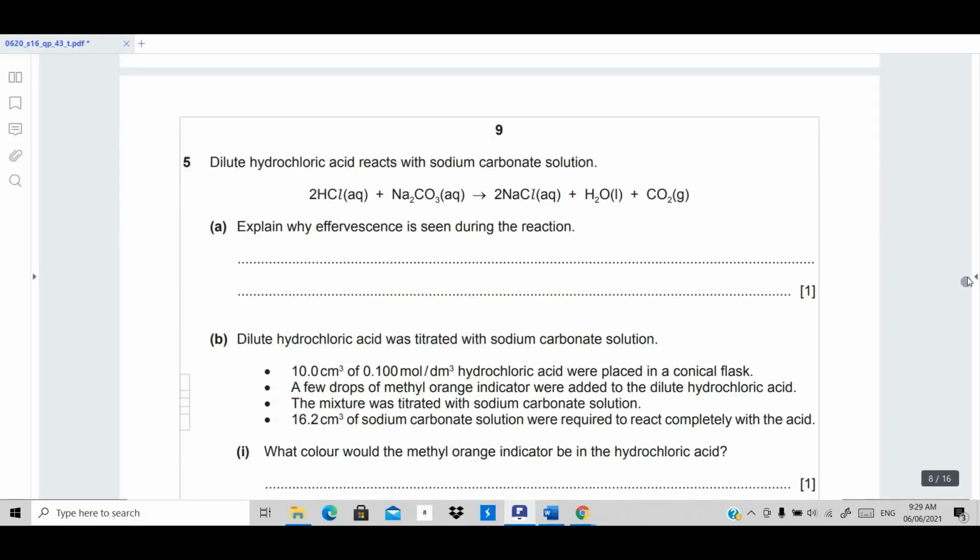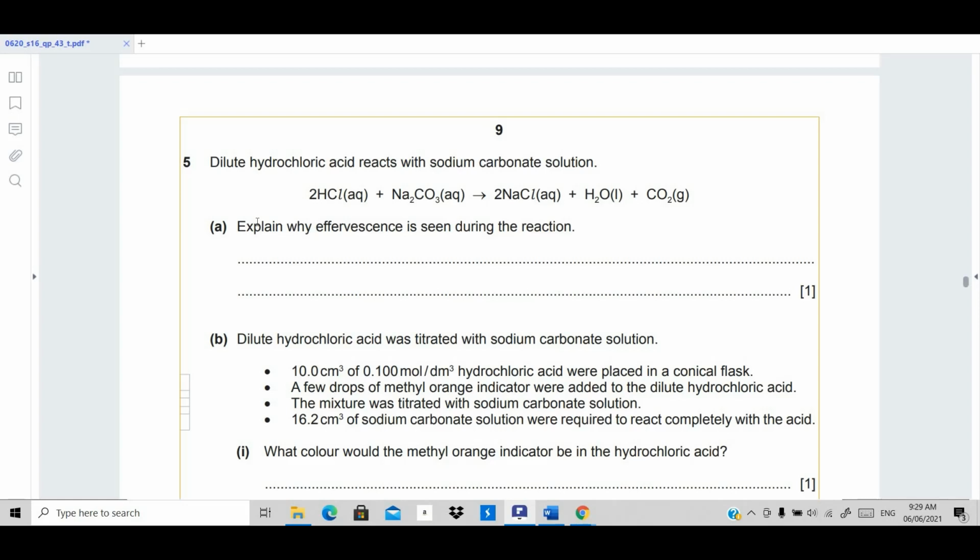Dilute hydrochloric acid reacts with sodium carbonate solution. Here the equation is given. Explain why effervescence is seen during the reaction. This effervescence, this fizzing, these bubbles, are seen because of the production of a gas.